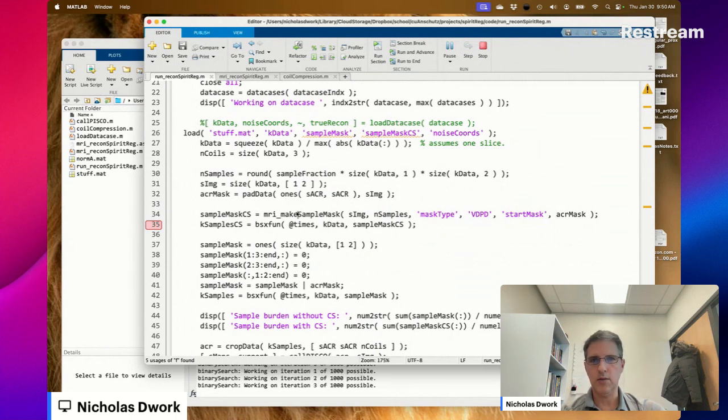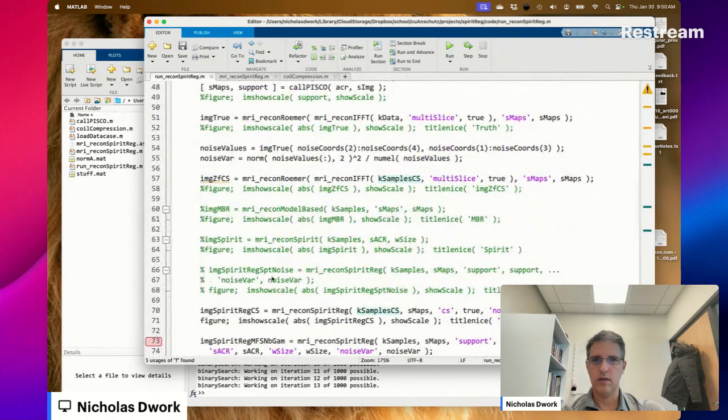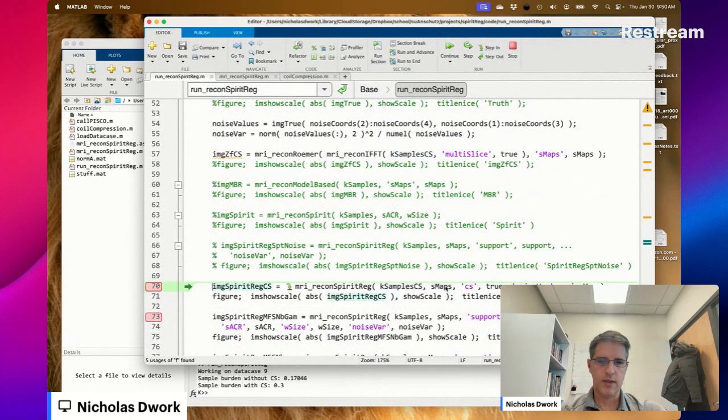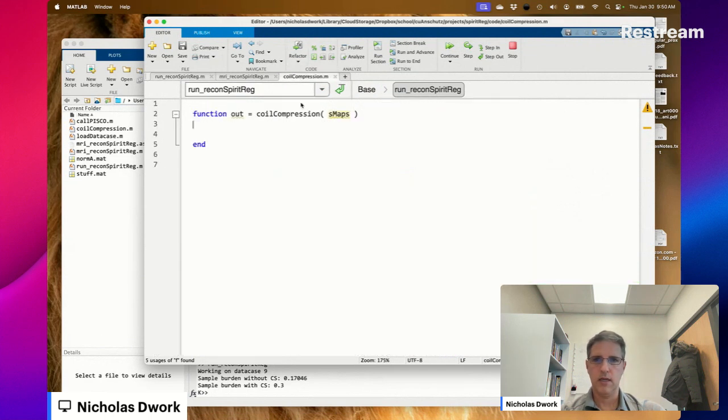I'm going to go back to the old sample mask. These S maps, what are they? 256 by 256 by 8. Okay.